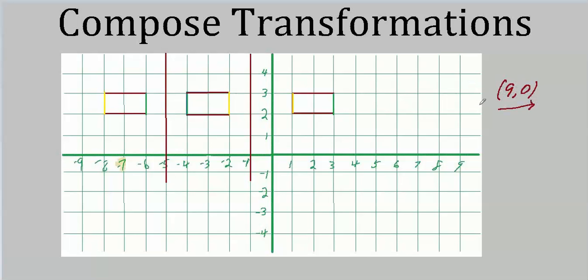You could write that (A, B) goes to (A + 9, B). I don't know if that's very easy to read, but I think you know what this means here. We apply a translation vector to the components. We get A plus 9 and B.